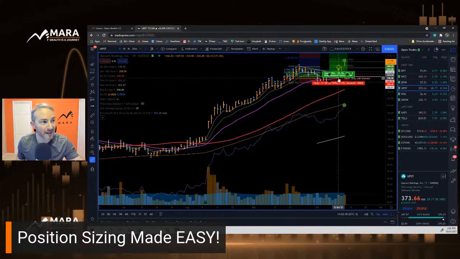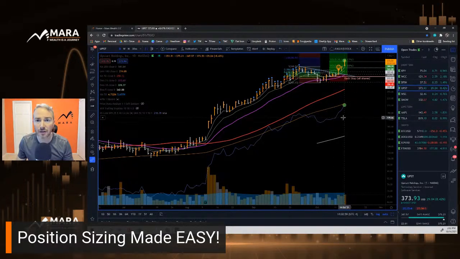So you can very easily see that between my entry price and my exit, if I was wrong, I would be risking 8.7% per share on just that one trade. That's the first thing you're going to want to figure out on each trade.